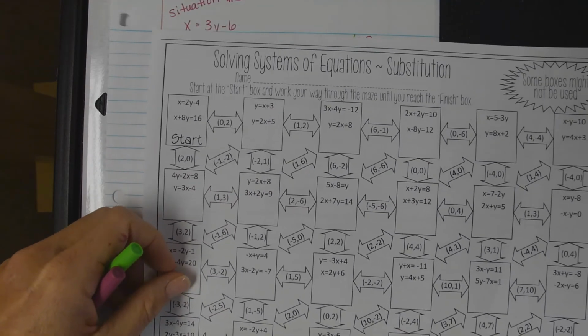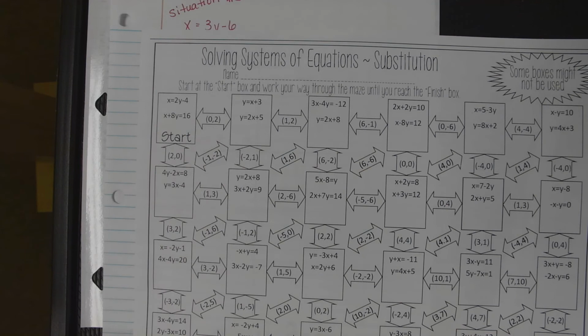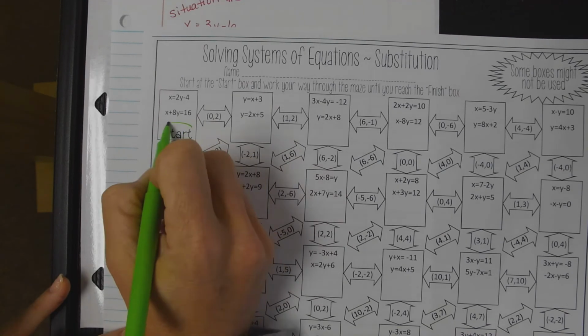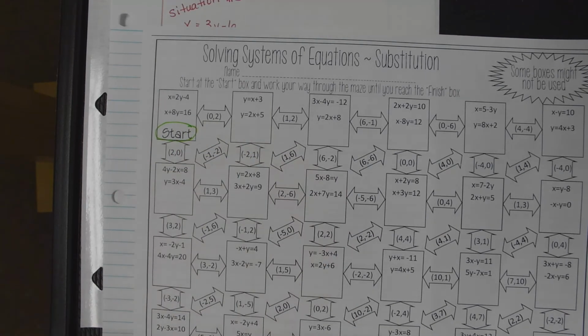Let's look at, everybody have a maze sheet. All right, everybody, Alex, put it up. Where do you think we start? We have two linear equations.